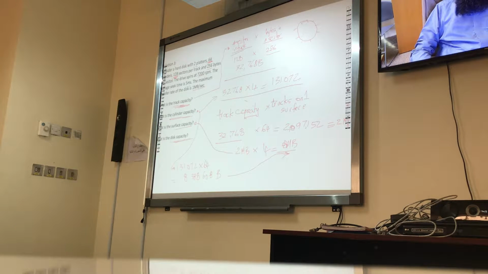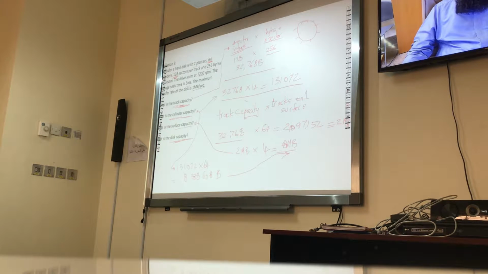So the disk capacity is 8 megabytes here in this example. Any questions on this before I move forward? It's clear, right?